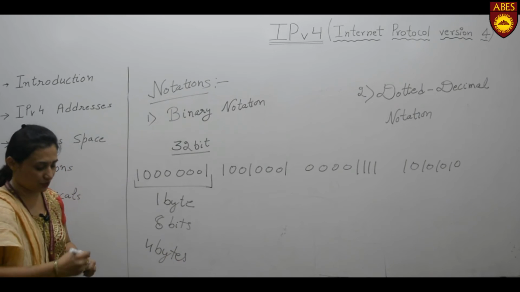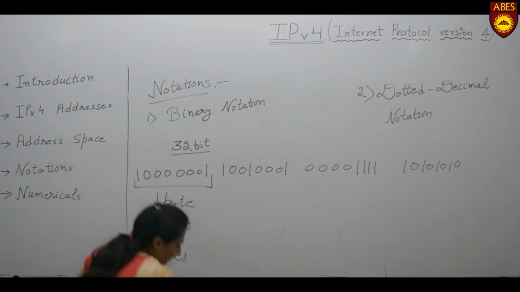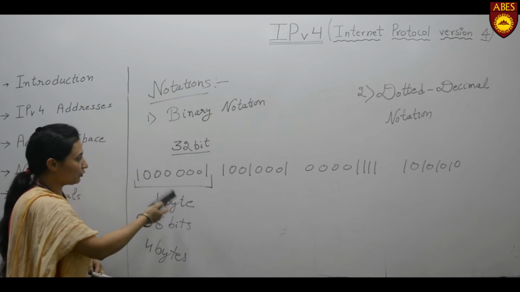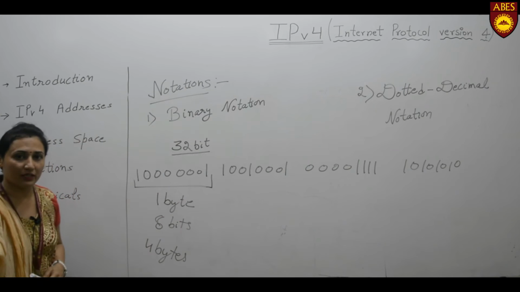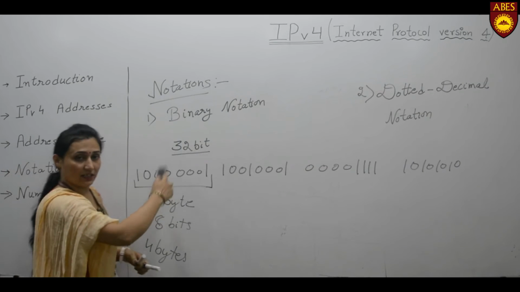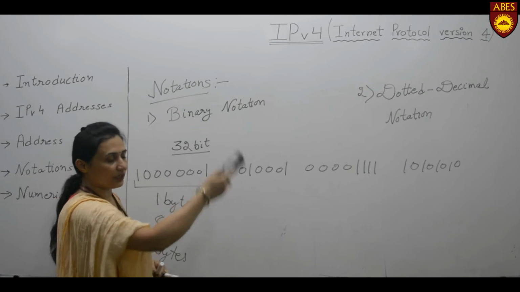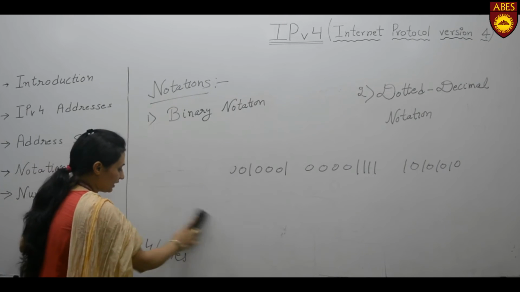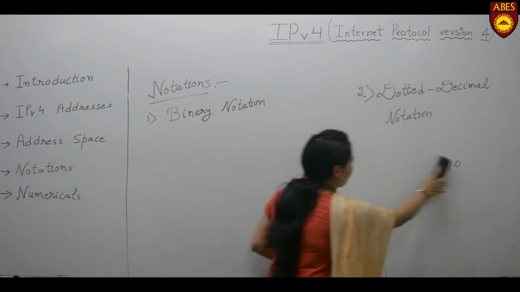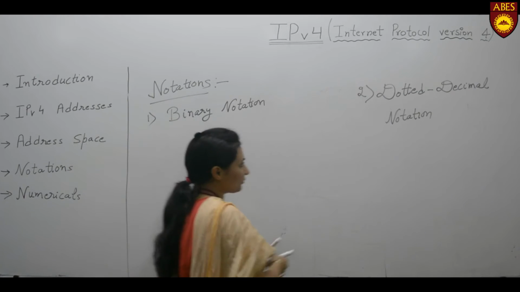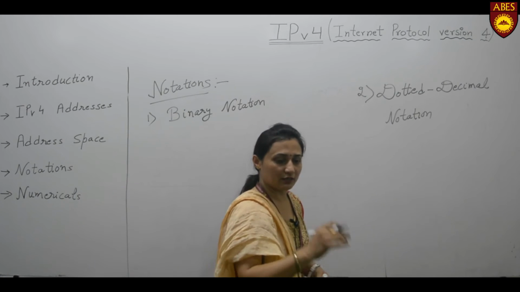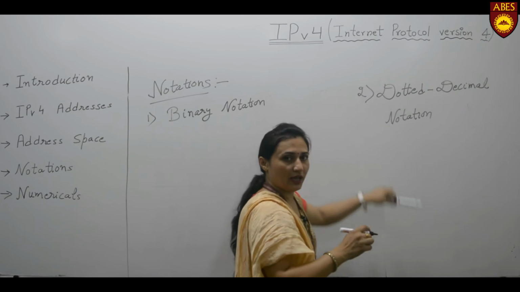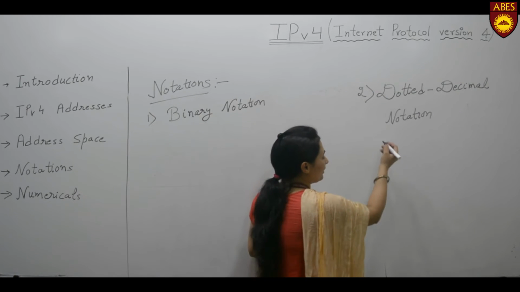in binary notation form. Similarly, from here we can analyze that it is not very easy for a human being to remember this large number of 32 bits in binary form, but if this number is converted into the dotted decimal notation, then this will be in a very compact form, and that will be very easy to remember for a human being. So in dotted decimal notation form, each byte of the binary number is converted into the decimal form, and each byte is separated by a decimal dot.